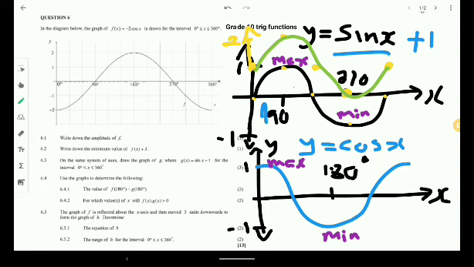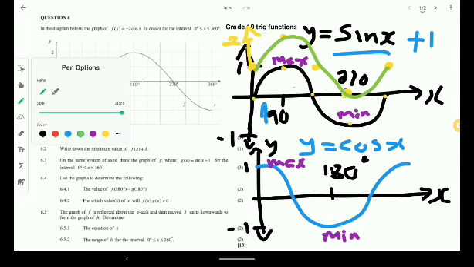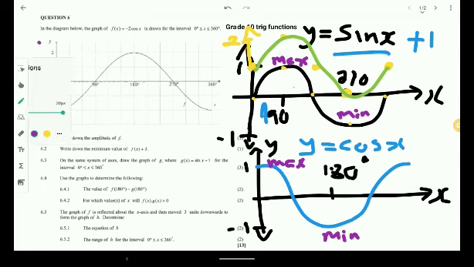Should be at 1. Let me just use another color. This point is here now, and the point that used to be at 1 is at +2, and the point that used to be at 180 should be at 0. Now it is at 1, and we also have a point here, and then we also have a point there.